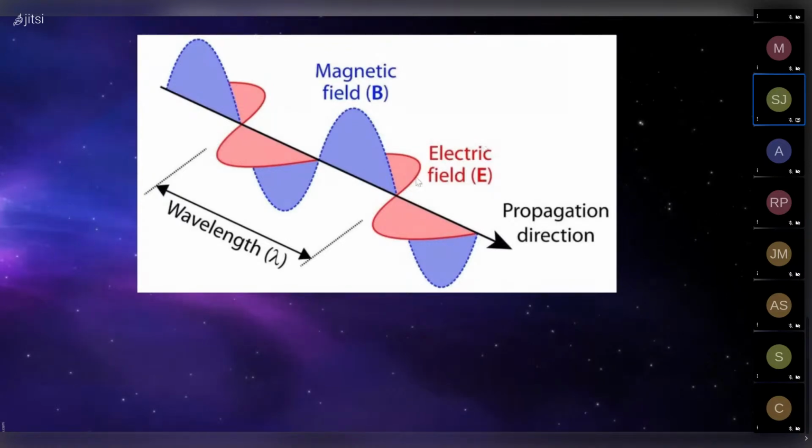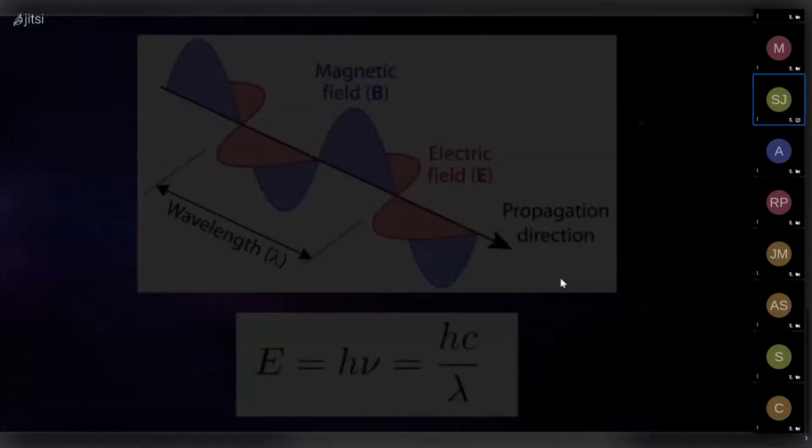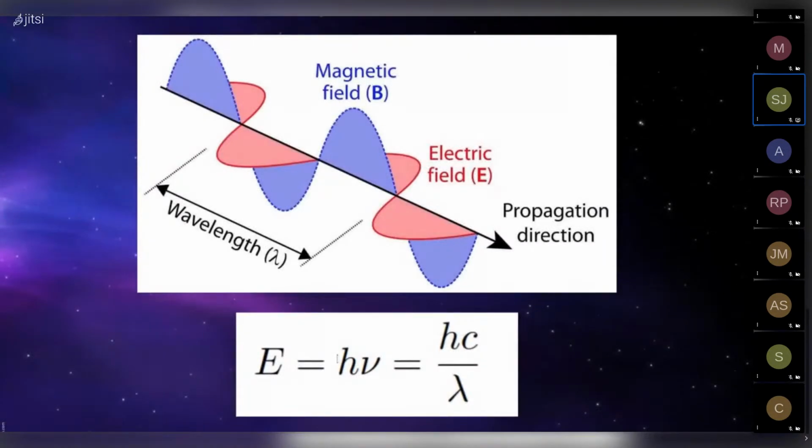Then Planck showed the particle picture of light, that is, light is made up of photons having discrete energies h nu, which is also equal to hc by lambda.